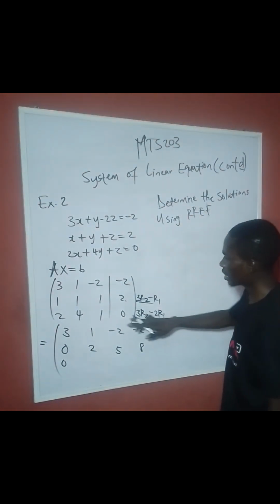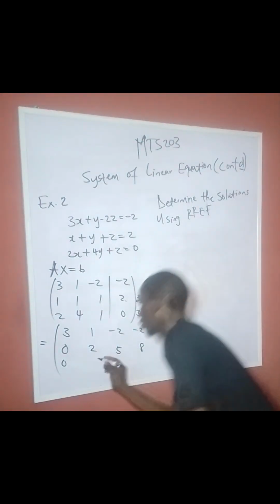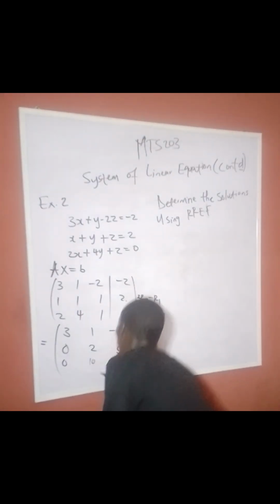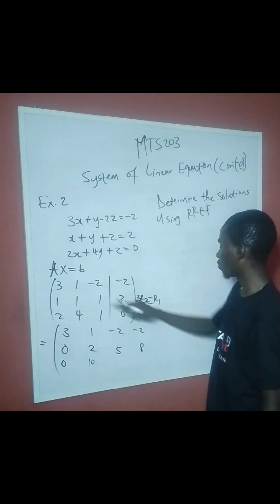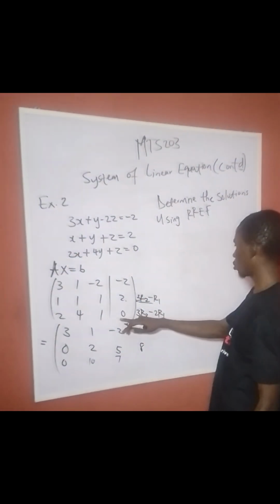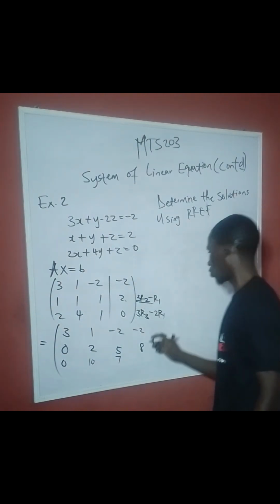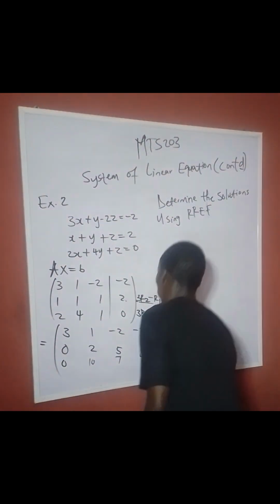Again, 3 times 4 is 12, 12 minus 2 is 10; 3 times 1 is 3, 3 plus 4 is 7; and also 3 times 0 is 0, 0 plus 4 is 4. Okay, we are getting there.